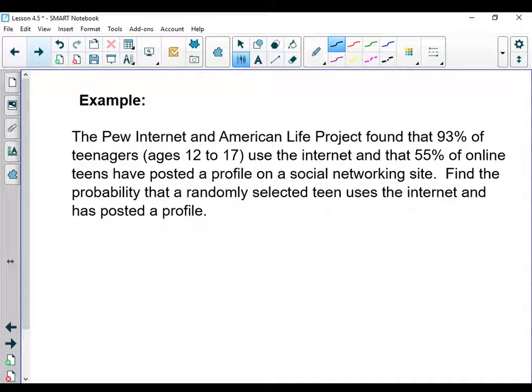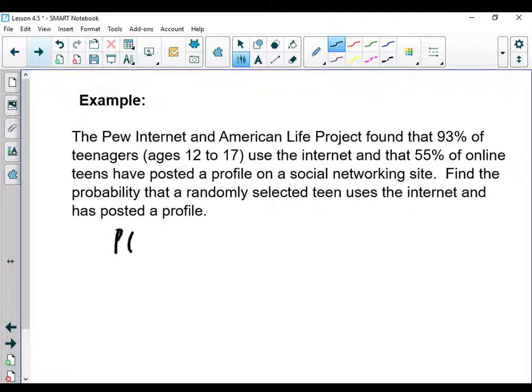This one says that the Internet and American Life Project found that 93% of teenagers ages 12 to 17 use the Internet, and that 55% of online teens have posted a profile on a social networking site. We want to find the probability that a randomly selected teen uses the Internet and has posted a profile.